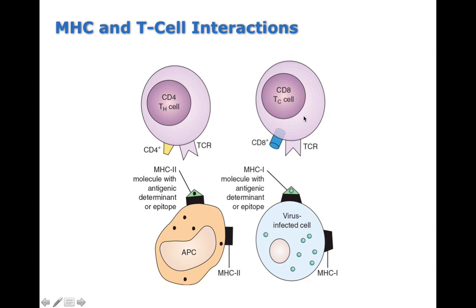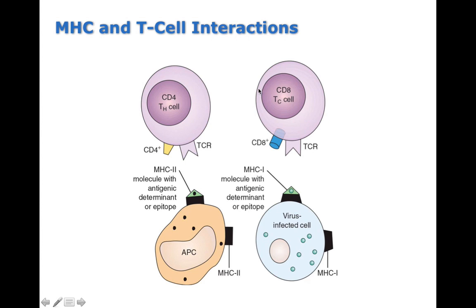Now that differs from the cytotoxic T cells, because these actually use their T cell receptors to interact with MHC class I receptors. MHC class I receptors pick up antigens from within cells. So you can use MHC class I to present antigens of virally infected cells on a cell surface, or you can present cancer antigens on a cell surface.